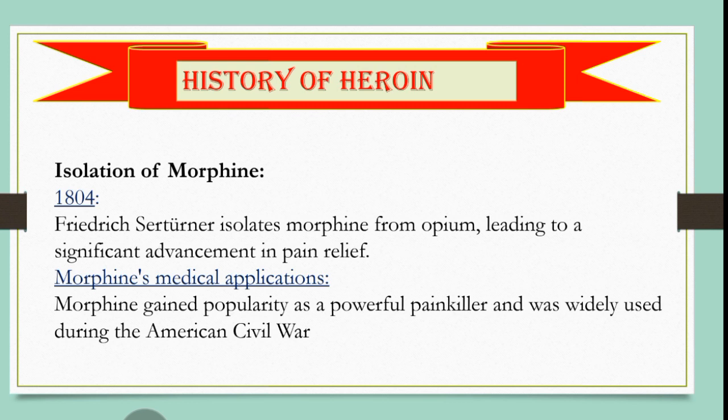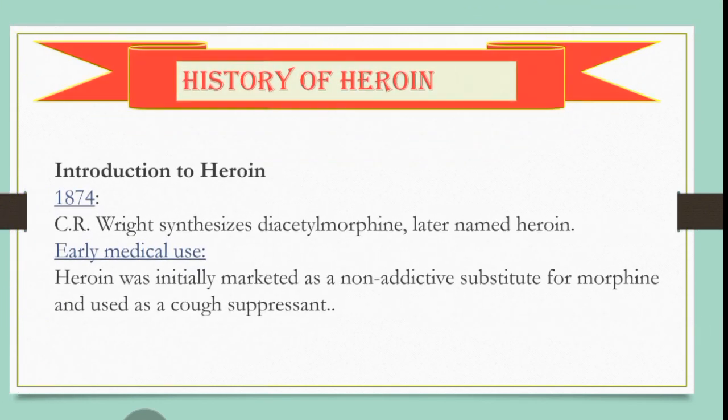Morphine was isolated from the opium poppy flower, leading to a significant advancement in pain relief. Morphine gained popularity when the American Civil War occurred, and people used morphine as a painkiller. It gained popularity due to being a powerful painkiller and was used worldwide in the American Civil War.